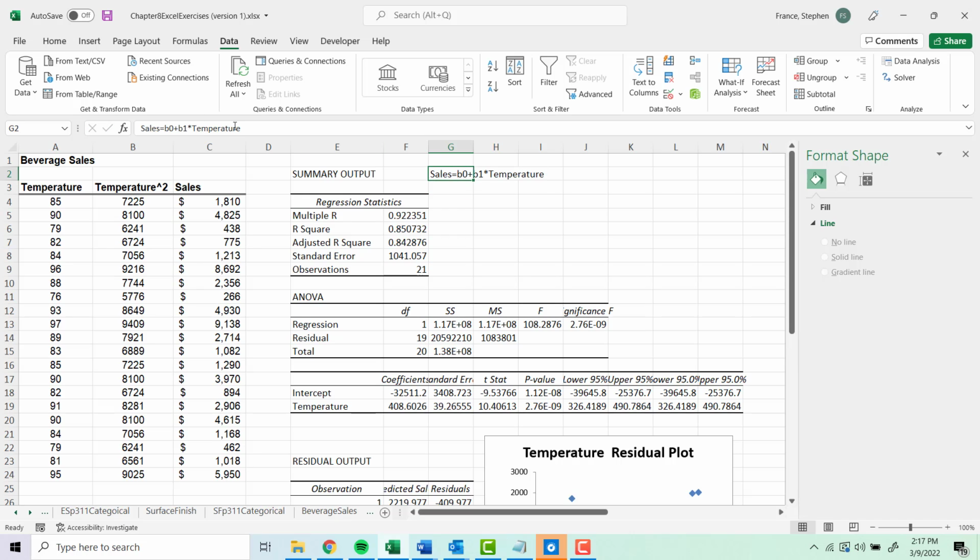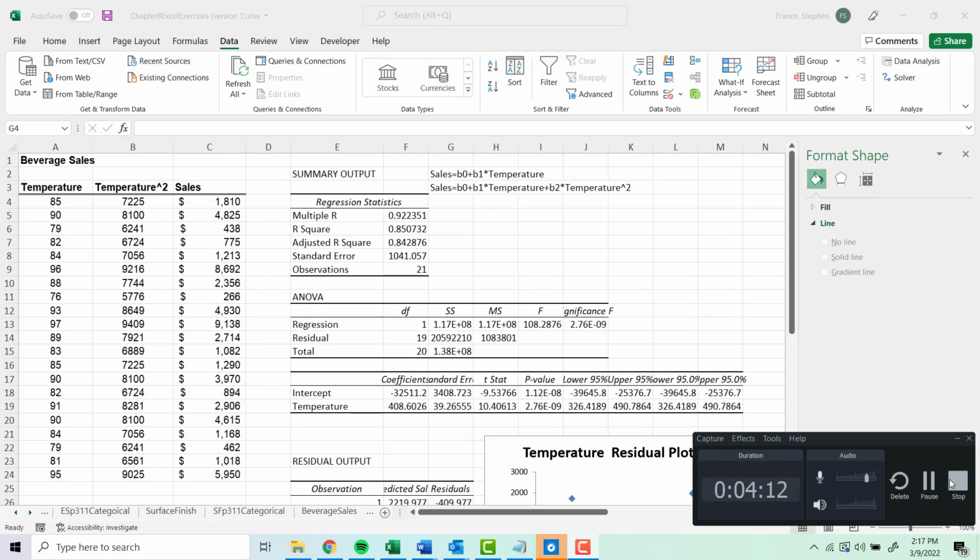But now we look at this more complicated model that also has squared temperature, plus beta 2 times temperature squared, and we find a much better fit that fits the shape of the graph much better. Okay, and that's just writing it longhand. So that's the last exercise for this regression chapter.